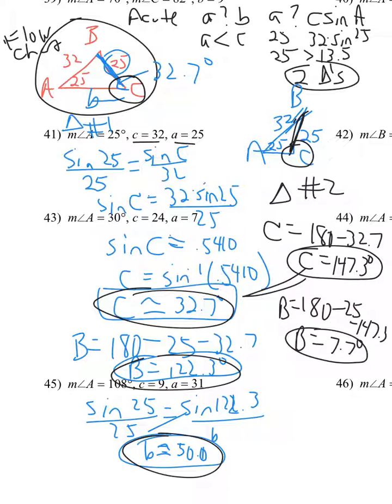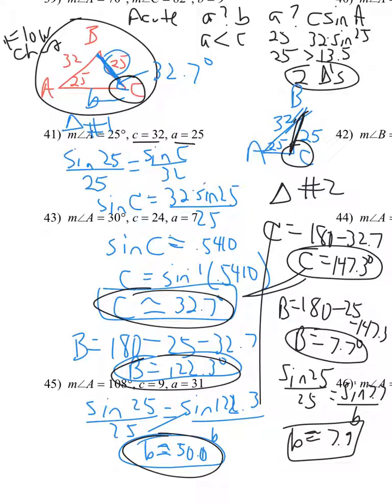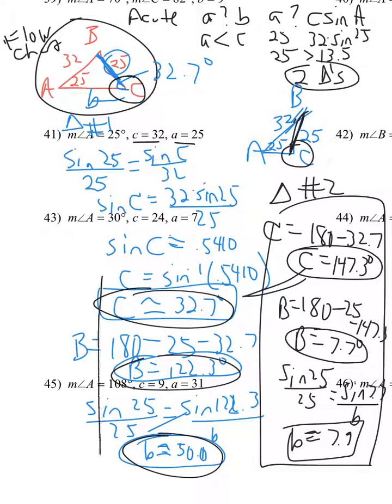Then I would do a law of sines: sine 25 over 25 equals sine of 7.7, that angle B we just found, over little b. If I cross multiply and divide, I should get b equals 7.9. So there's two sets of answers. These are triangle number 2 answers, where C is obtuse, and these three right here are triangle number 1 answers. That only occurs when you follow that flow chart and you come up with 2 triangles.